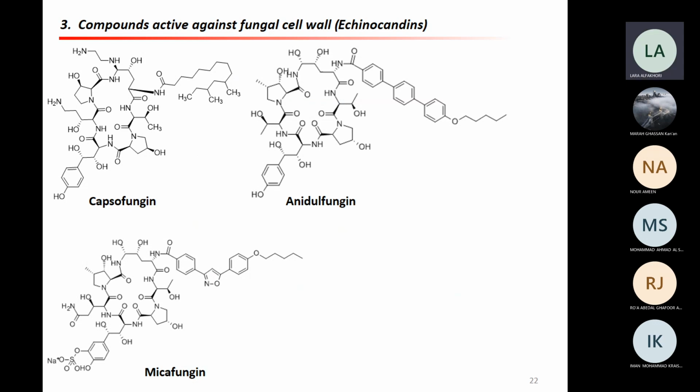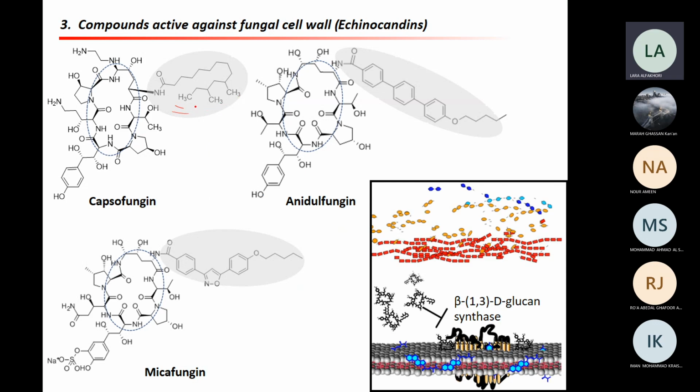Again, if you look at their structures, those FDA approved echinocandins, do you think they are natural compounds or synthetic compounds? Yeah, these are actually semi-synthetic. They are derived from natural sources, but this lipophilic part that is bound to them is actually added semi-synthetically.